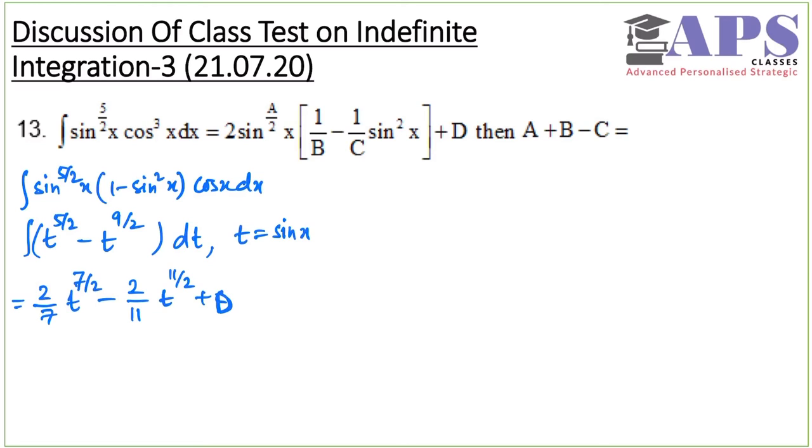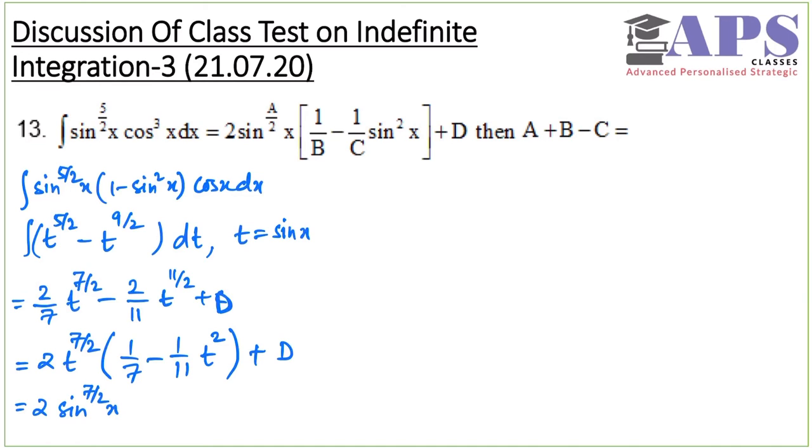So I can take 2 times t to the power 7 by 2 common, and we will get 1 by 7 minus 1 by 11 into t to the power 2 plus d. So this is equal to 2 sine to the power 7 by 2 x, 1 by 7 minus 1 by 11 into sine square x plus d.